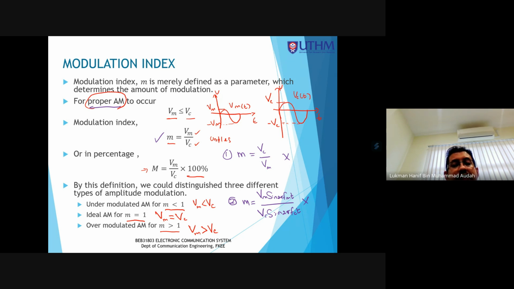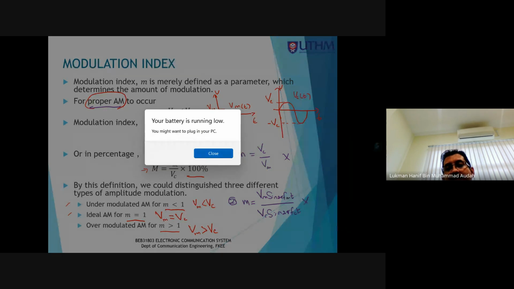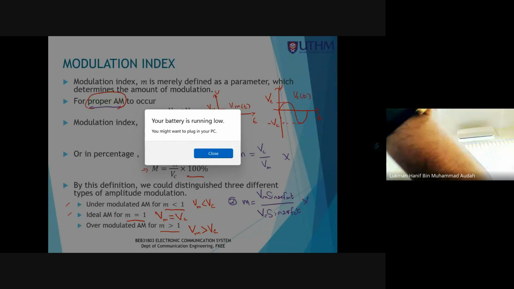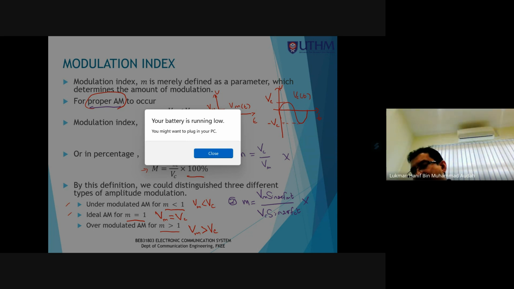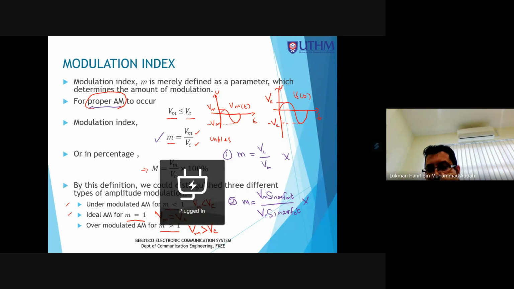We also asked the students to differentiate the three types of AMs, so you have to explain all of this in order to differentiate between under modulation, ideal modulation, and over modulation.